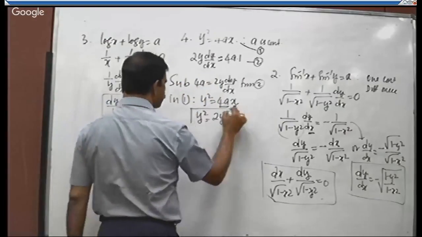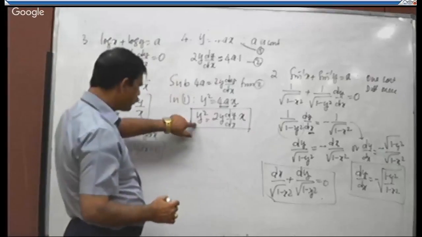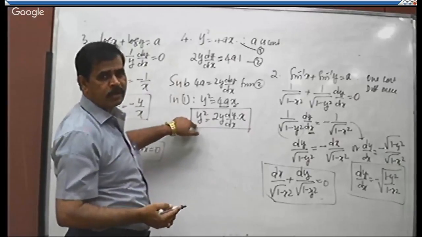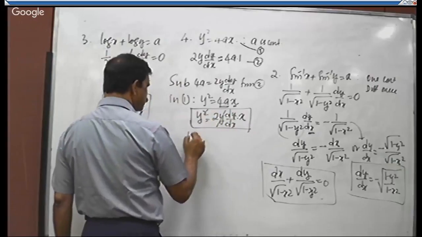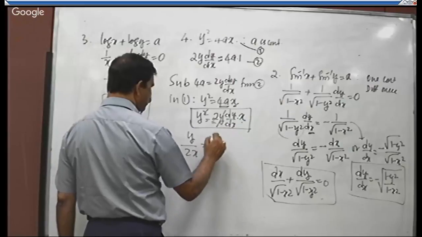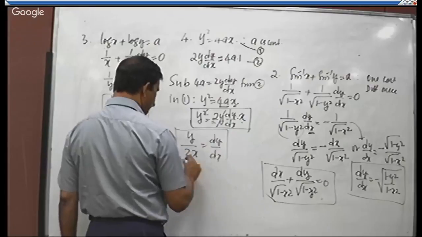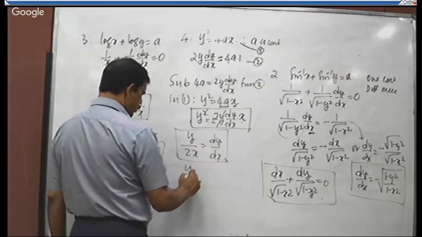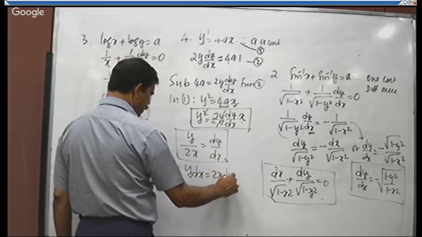See, after substitution, do you find a constant? We don't have a constant at this stage. So this will be treated as what? It is free from arbitrary constant. So we can simplify it. Y cancels. So y divided by 2 into x, 2x is equal to dy by dx. Cross multiply it. Y into dx is equal to 2x into dy.